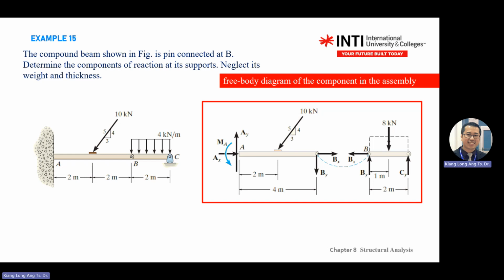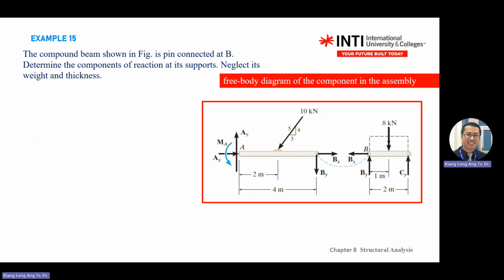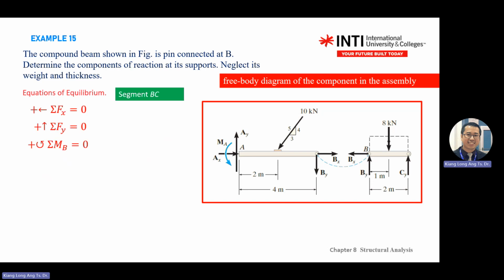You have 6 unknowns. Then you try to solve using the equations of equilibrium, right? So you solve it segment by segment, okay? Segment by segment. So the rest is still the same.